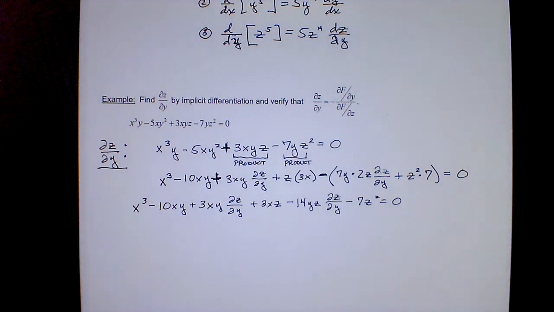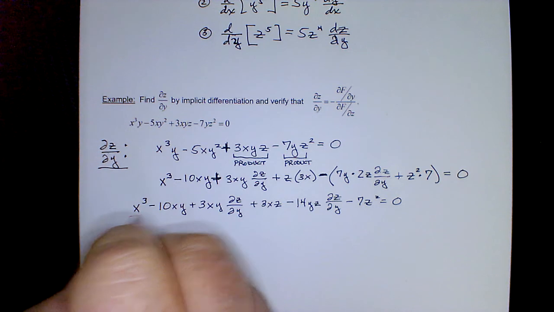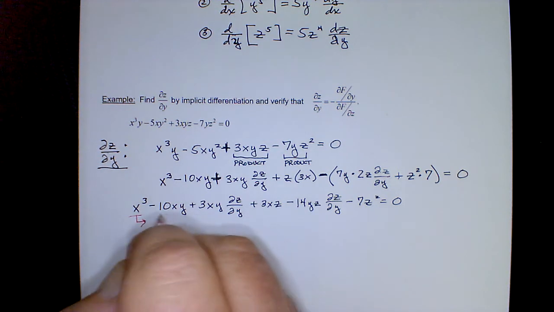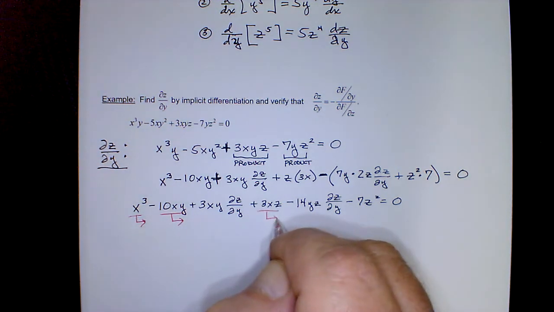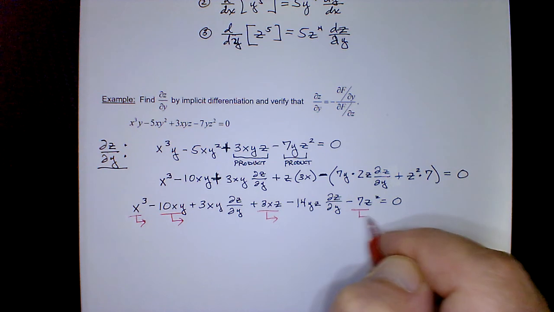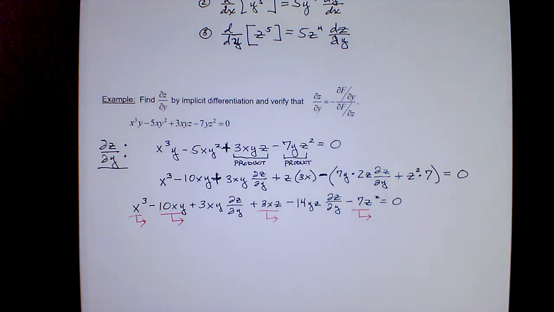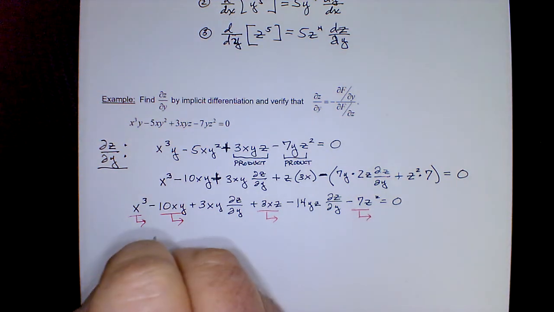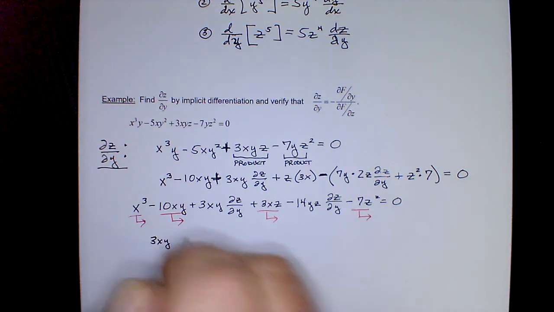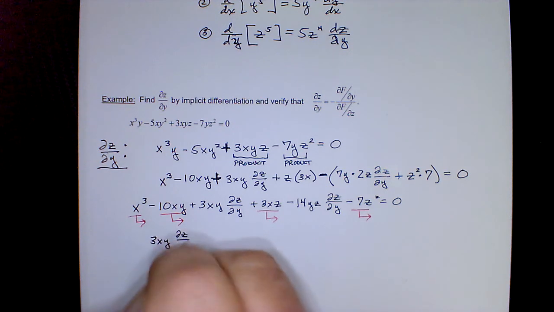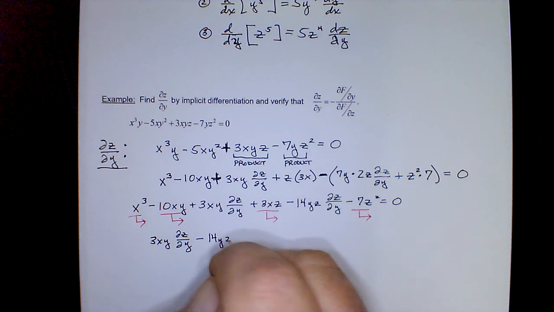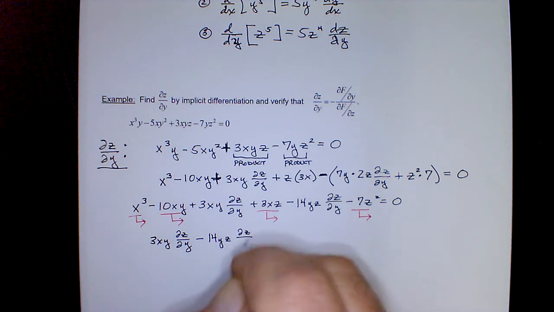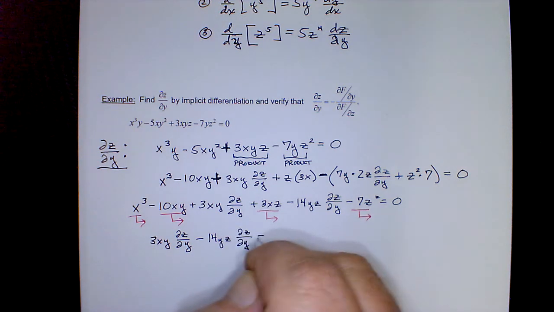So everything that contains the partial z with respect to y we'll leave on the left side. Everything else move to the right side. So I'm indicating with little transposition arrows there. So the 3xy times the partial of z with respect to y, and the negative 14yz times the partial of z with respect to y stays on the left.